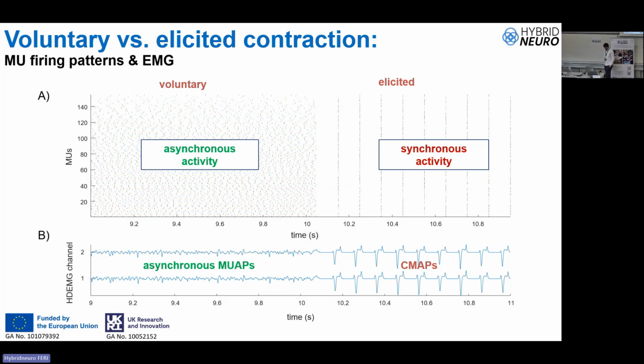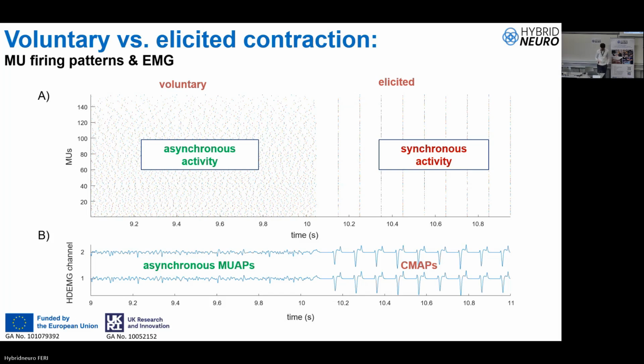The result of this is that motor unit action potentials of motor units sum up into the compound muscle action potentials. How can we tackle this problem? We can estimate the motor unit filters in the voluntary part and then apply them at the elicited part.